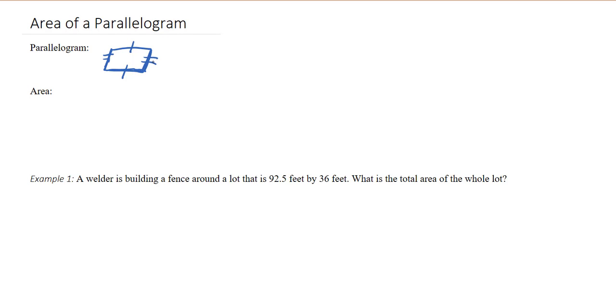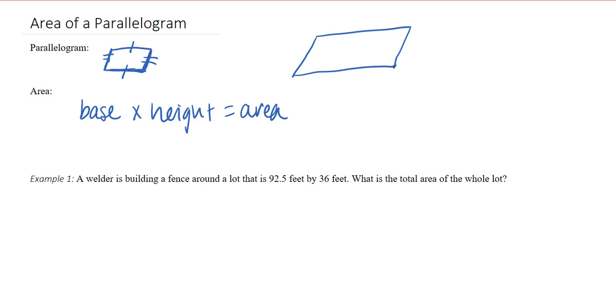Now, the area of a parallelogram is just the base times the height, and that is equal to the area. Now let's go over, right? So if you were to look at this, right here is considered the base, and then our height right here.